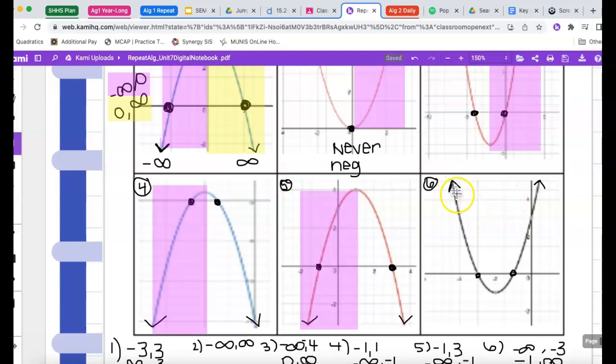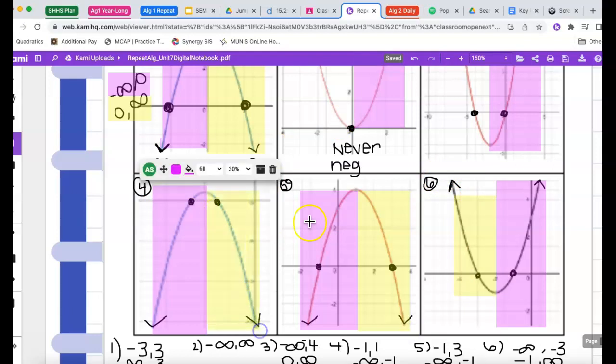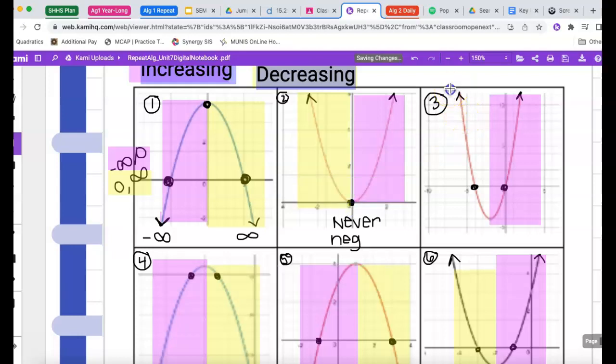If I trace this graph, this side's going down, so I don't start my increasing until right here. So half of them are going to be increasing and half of them are going to be decreasing. Once you have all your increasing highlighted, go ahead and highlight your decreasing. Do that for all the graphs. You're highlighting them to know which one's increasing and which one's decreasing.